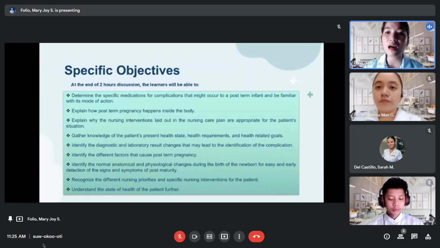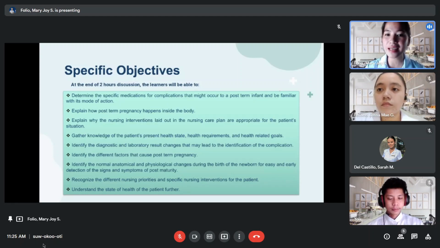care plan are appropriate for the patient's situation, then gather knowledge of the patient's present health state, health requirements, and health-related goals, and identify the diagnostic laboratory result changes that may lead to the identification of complications, then identify the different factors that cause post-term pregnancy, and identify the normal anatomical and physiological changes during the birth of the newborn for easy and early detection of the signs and symptoms of post-maturity.